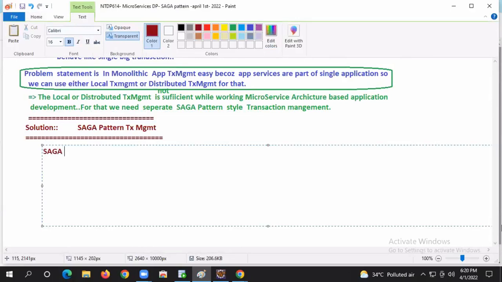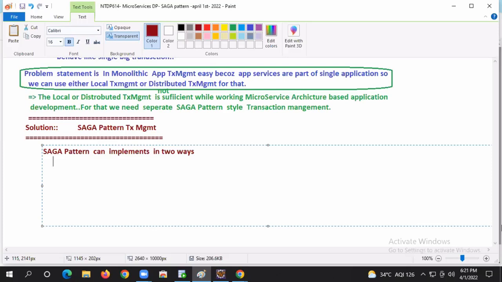SAGA pattern can be implemented in two ways, guys.